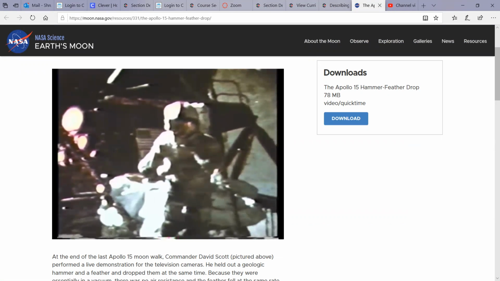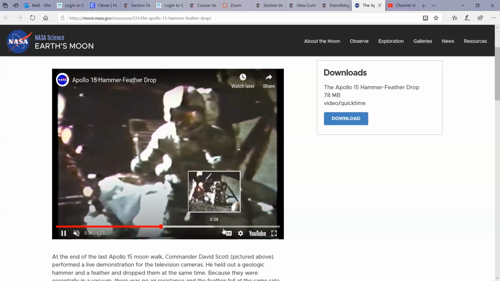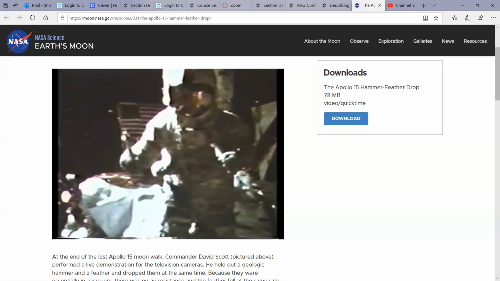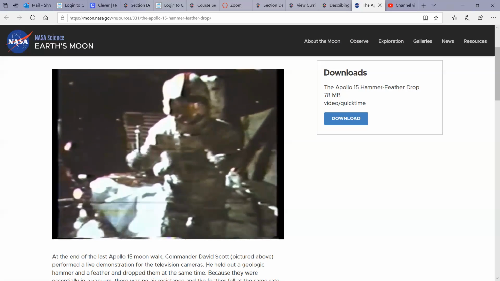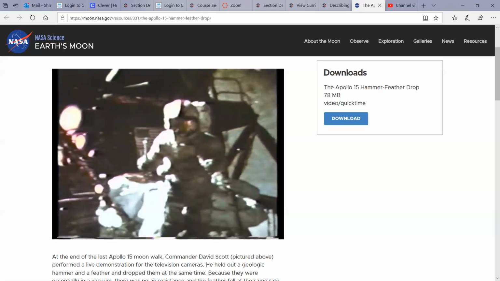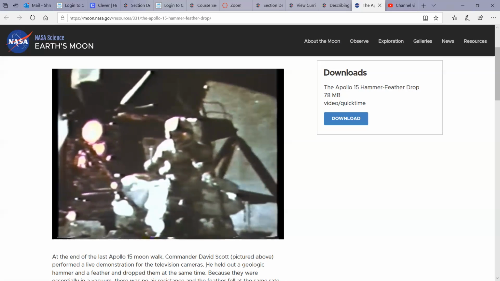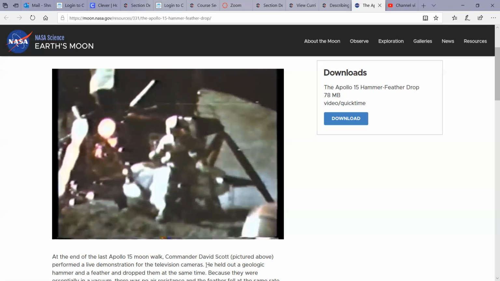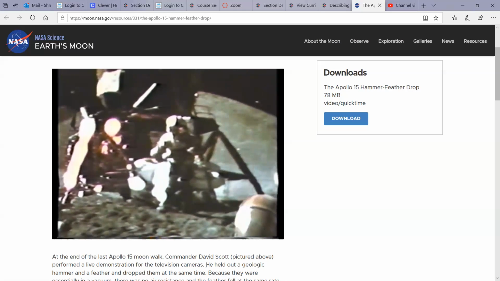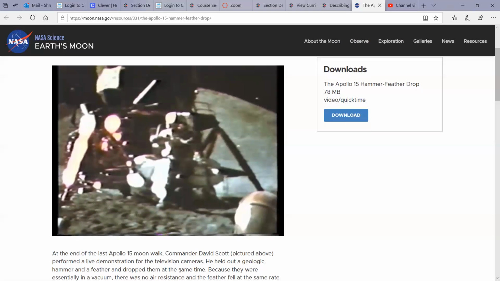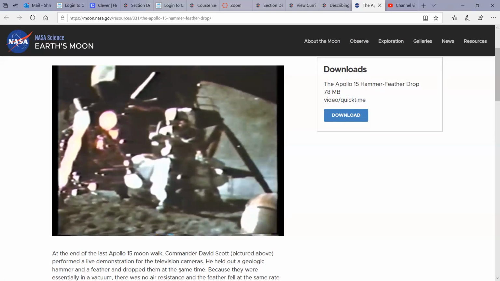And in this situation, unlike Earth, where we have lots of air that can resist the feather from hitting the ground, Commander David Scott performed this live demonstration on the Apollo 15 moonwalk. So the moon acts sort of like a vacuum.